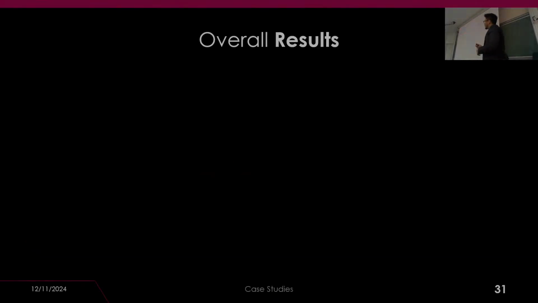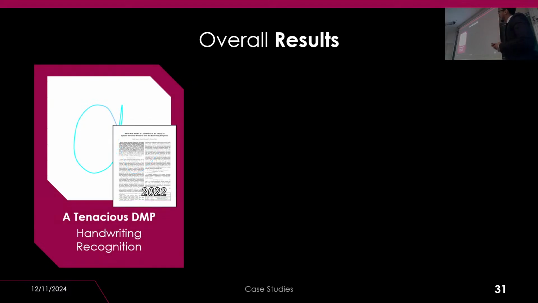So, as to recap my results, I've managed to deliver a tenacious DMP formulation, not only for handwriting reconstruction, but also for potentially handwriting recognition. The first one being published in 2022.